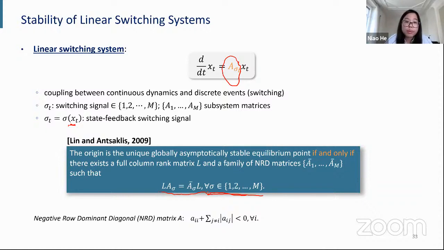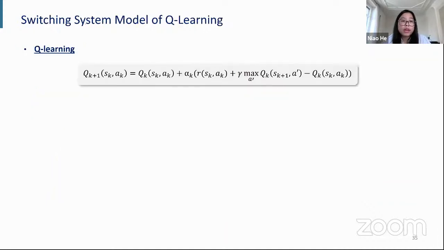Now I'm going to show you that for Q-learning algorithms, and actually for a very large family of Q-learning algorithms, they can naturally be characterized as linear switching systems. For instance, recall that this is how the Q-learning algorithm looks, right? At every iteration, we update our Q functions based on this temporal difference.